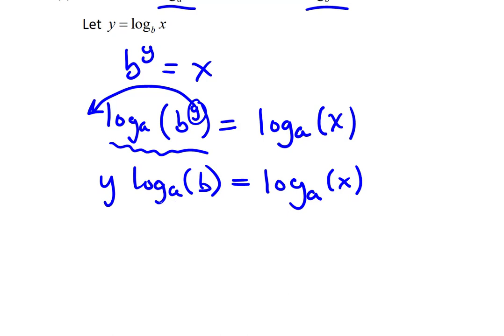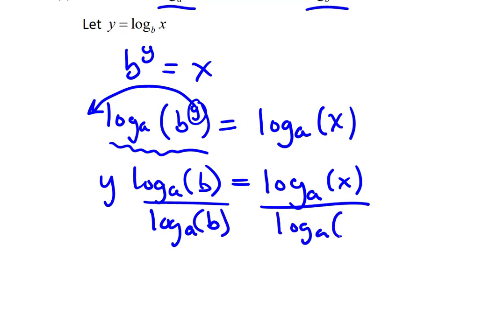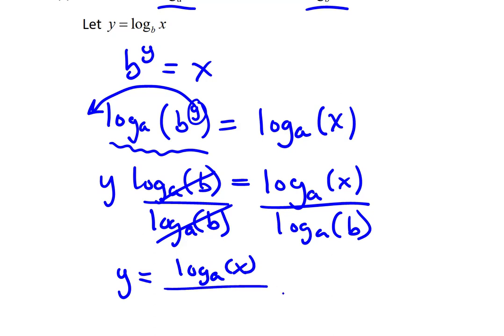Then if we divide both sides of our equation by log base a of b, of course the log base a of b on the left side would cancel, leaving us with y equals log base a of x over log base a of b.